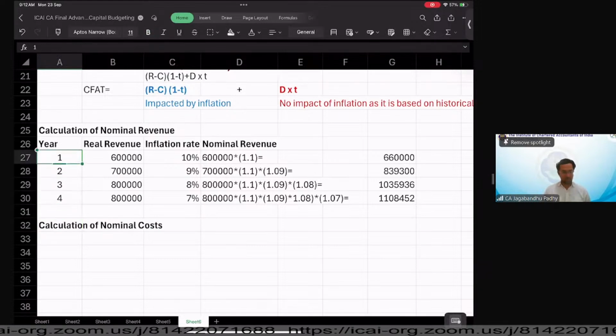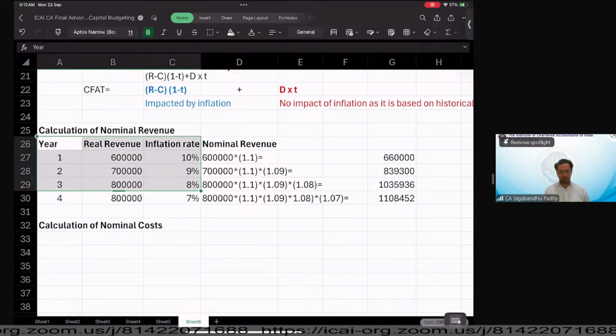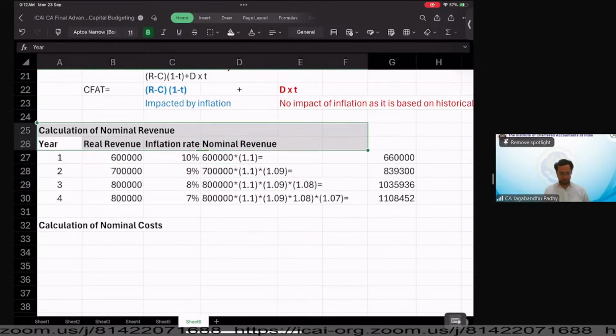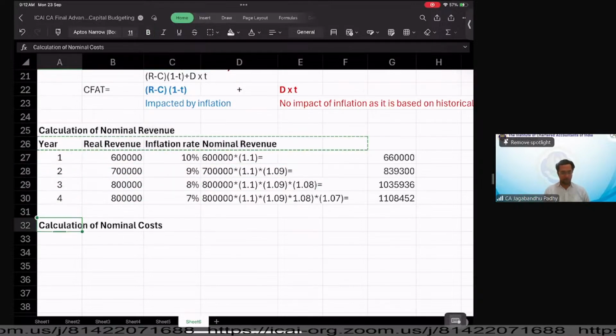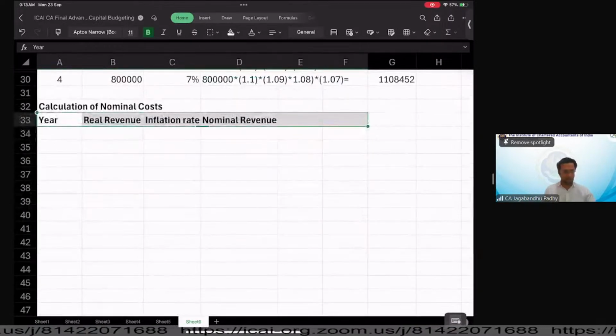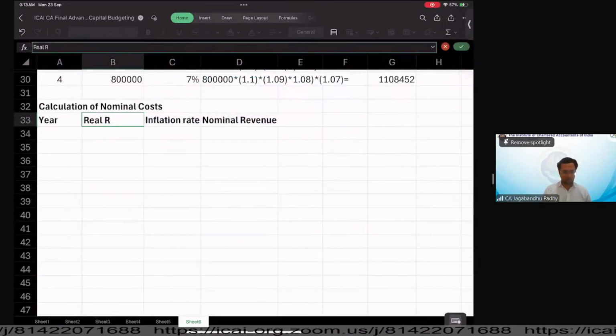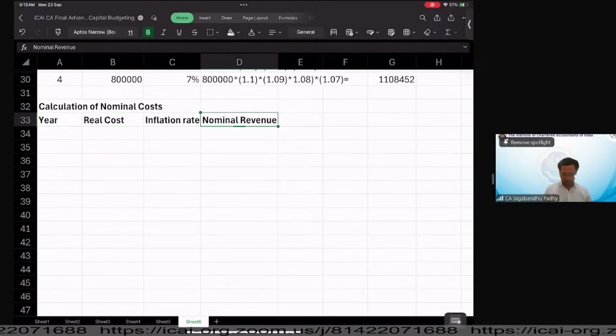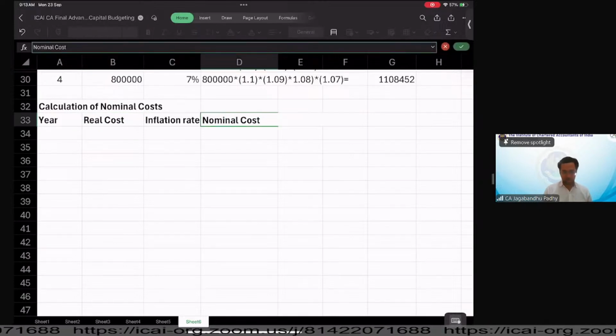Nominal cost, again, we'll just say a similar format where we write down the year, real costs, inflation rate, and then the nominal cost.